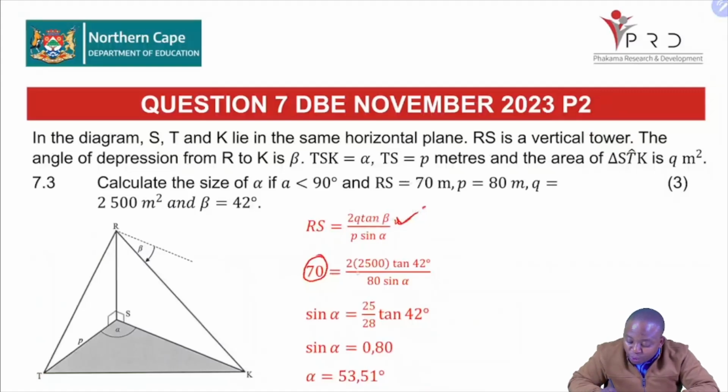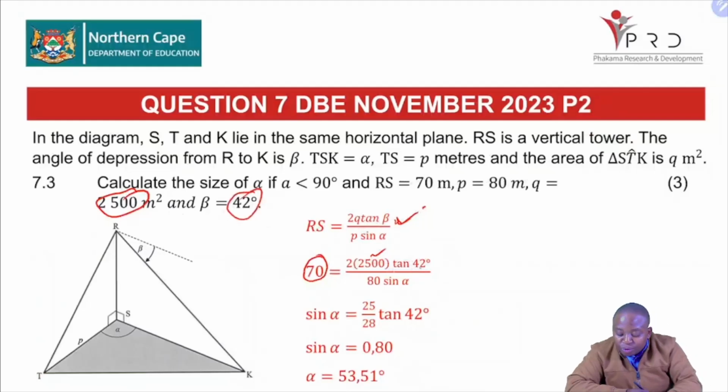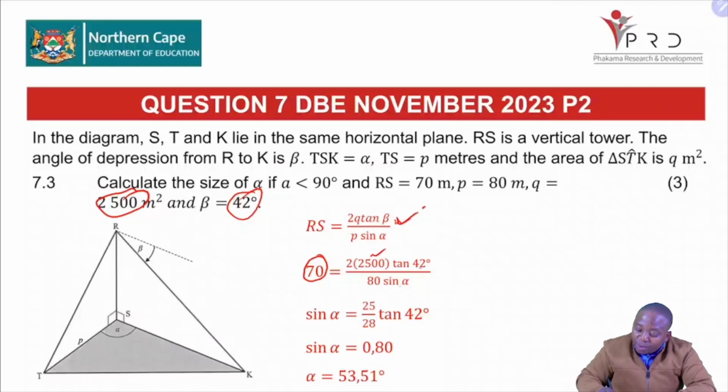RS is 70, so in the space of RS, I place in 70. Then it equals 2Q. My Q is given as 2,500, so I place in 2,500, multiplied by tan, our beta is given as 42, so I substitute 42 here, all over 80 sine alpha. Then how do we now get sine alpha as our solution?